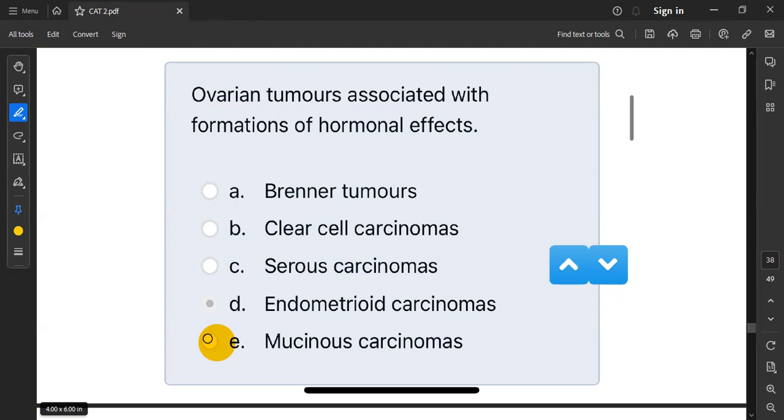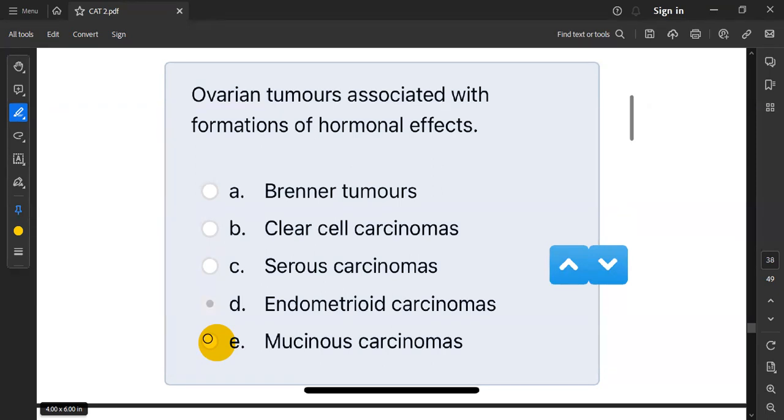The most common hormones produced by the stromal luteinized cells of this tumor are estrogen and androgens.